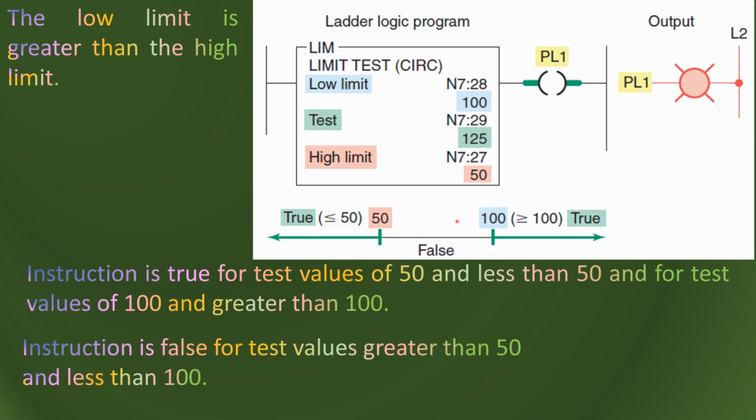So this is just the complement of the previous limit. Just note over here, the lower limit is higher than the higher limit. So any data in between them will be false and the opposite to that will be true.